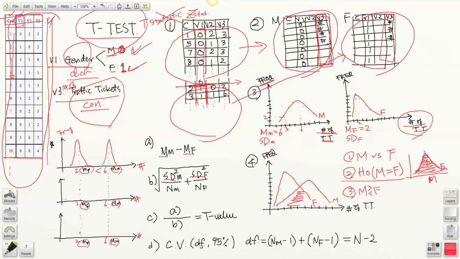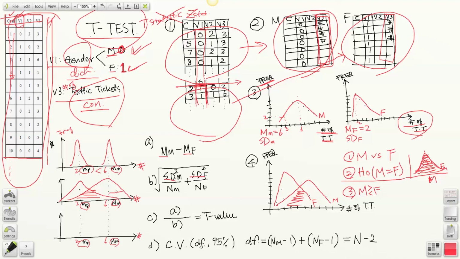Now, look at this next scenario. This is the frequency distribution of number of tickets for female subsample, and this is for male subsample. Now, notice this overlap. Where does this come from?